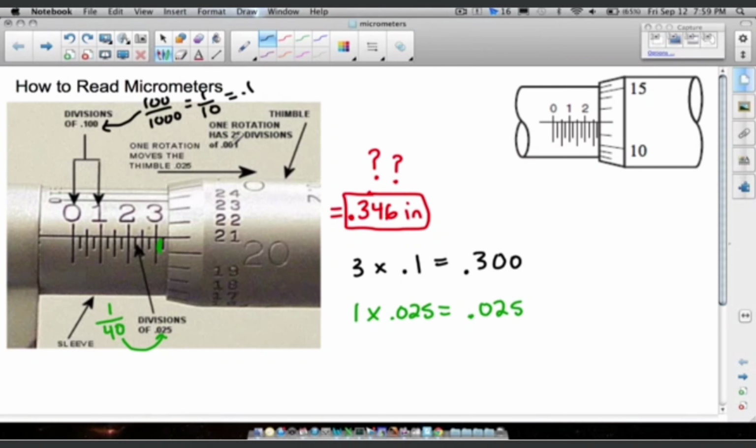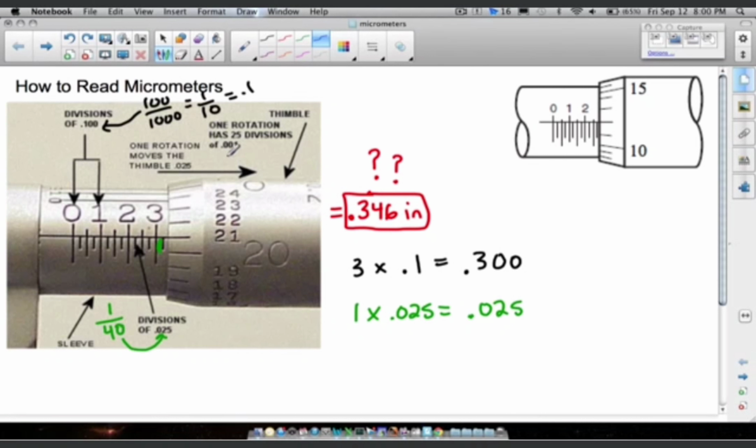And now we have one more thing to read on this micrometer, and that is going to be the thimble. Look for the line that lines up with this black line here. Now what we have on this thimble is 25 divisions. Notice you have 20, 21, 22, 23, 24, and you see a 0 up there because that kind of resets, I guess you could say. As you rotate this thimble, it's going to move this thimble either further in on the sleeve or further out on the sleeve.